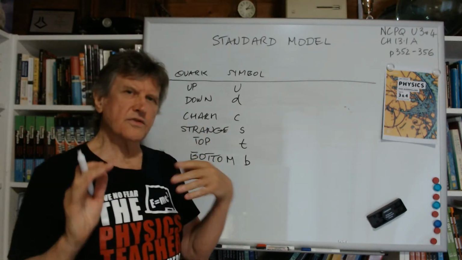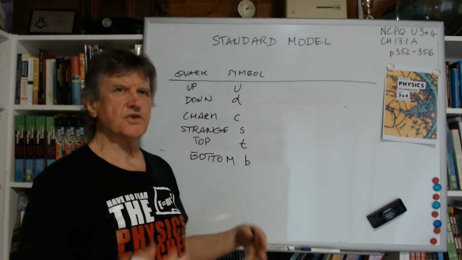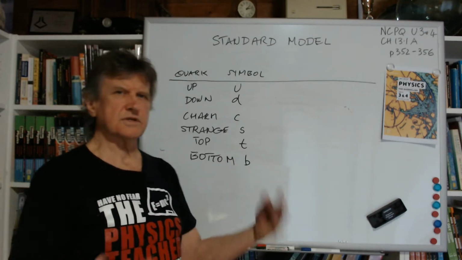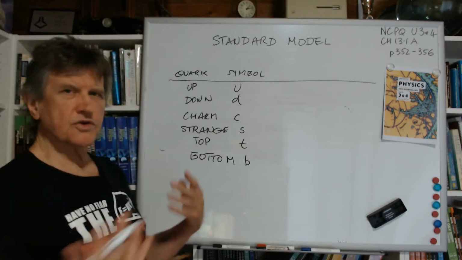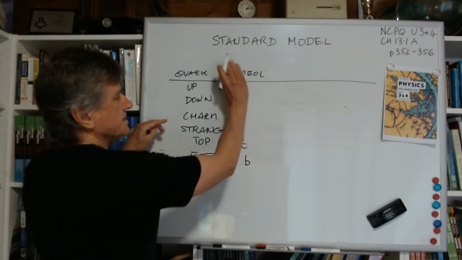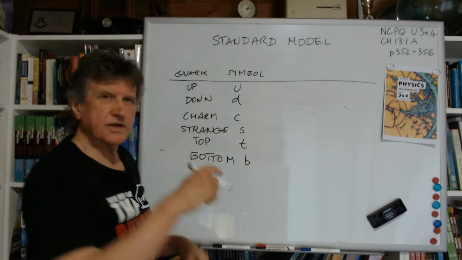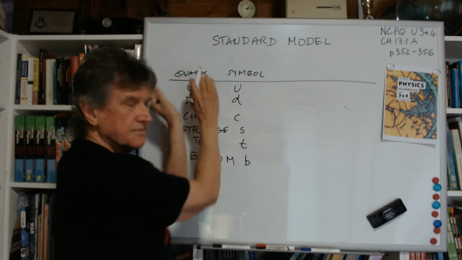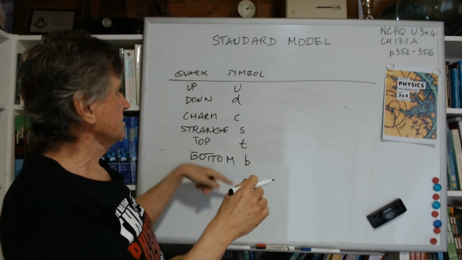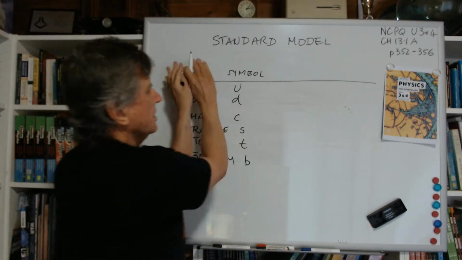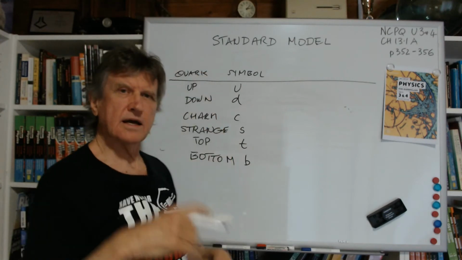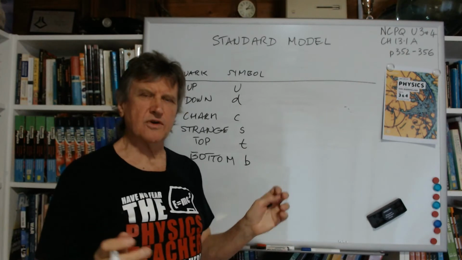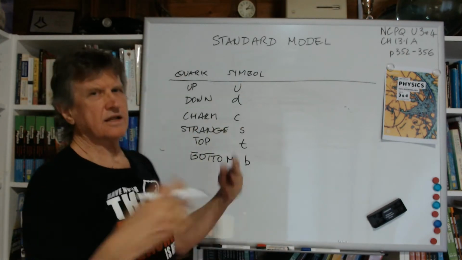Now, on the exam, if they say to you, recall, list the 6 quarks from the Standard Model, or just list the 6 quarks, you can do 2 things. You could just list those 6 names, and you'd get your mark. Or you could list the 6 symbols. Physicists know them by their symbols more so than their name, so you could list those and you get your mark as well. Now if you think, oh, I'll show exactly what I know, I'm going to put down both, that's fine.